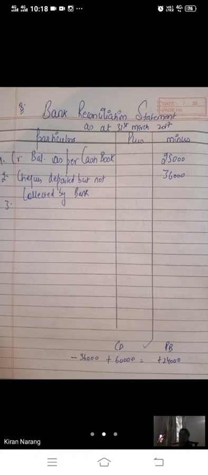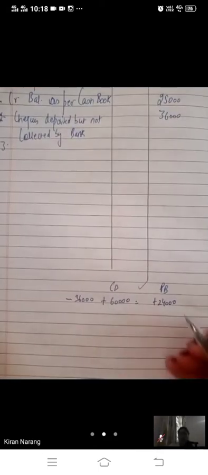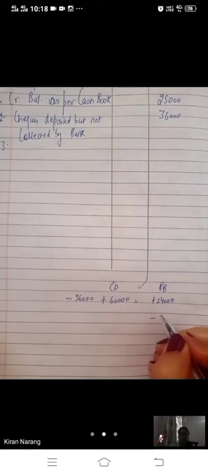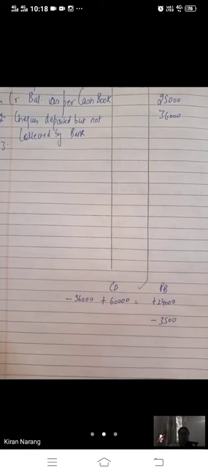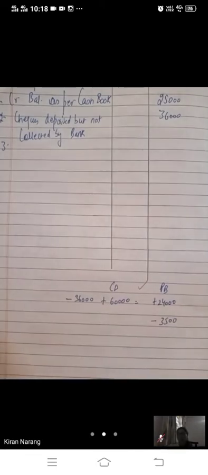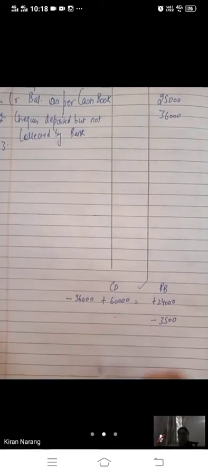Third one, bachche: a check of rupees 3,500 issued to a creditor was entered by mistake in the cash column of the cash book. Beta, we have issued a check of rupees 3,500, but we have not recorded it in the cash book bank column.